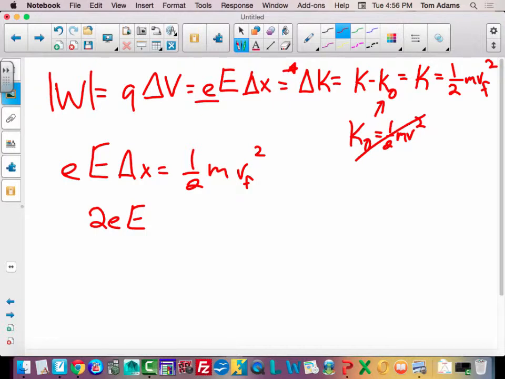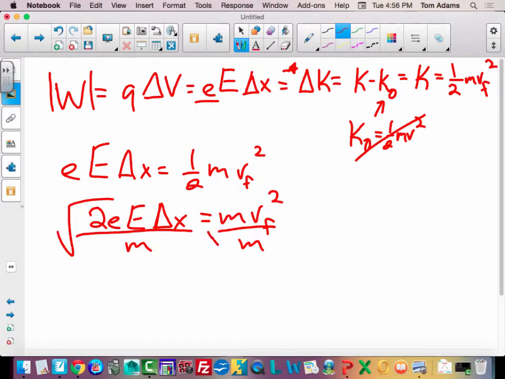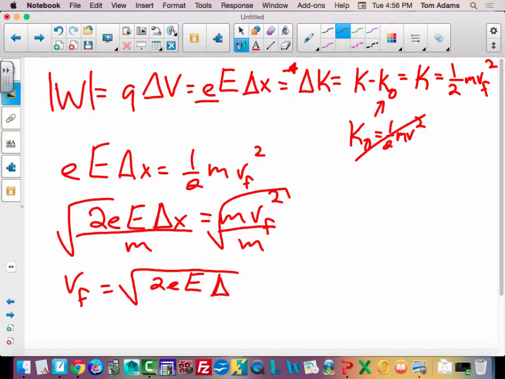That's the charge of an electron. Times the electric field magnitude times the displacement is equal to m times the final velocity squared. Divide both sides by m, and then take the square root of both sides. And so the final velocity is equal to the square root of 2 times the charge of an electron times the electric field times the displacement all over the mass of the electron.